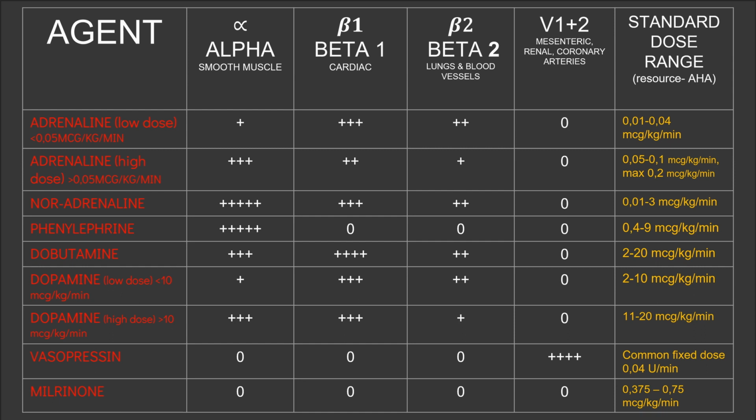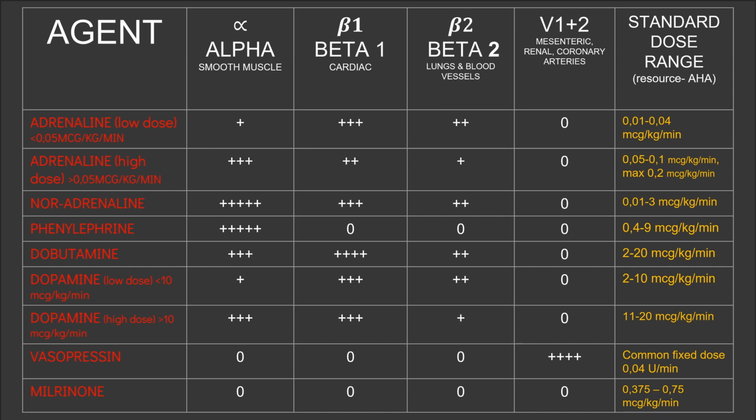But as soon as you go over 0.05 mics per kilo per minute, it changes its nature and it has a stronger affinity for those alpha adrenergic receptors, and it becomes a pressor. So I hope this example demonstrates to you how important it is to know the dose of your inotrope.